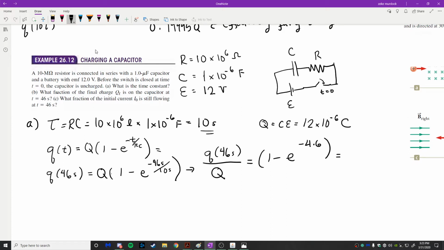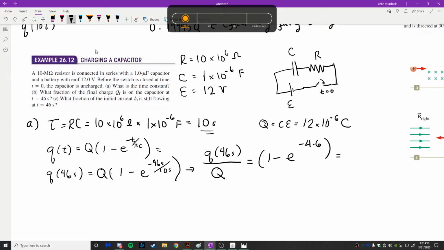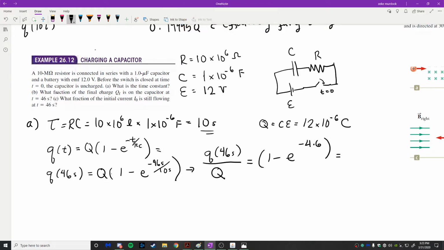You guys calculate that for me? Really just what this ratio is right here. What do you guys get?